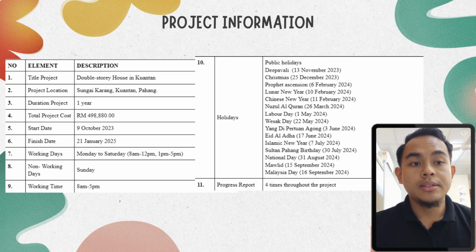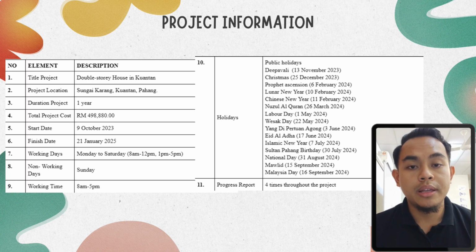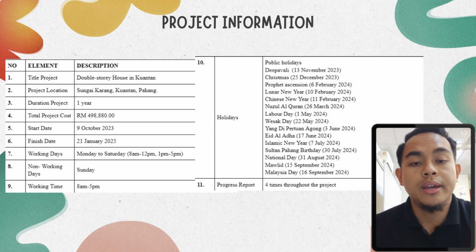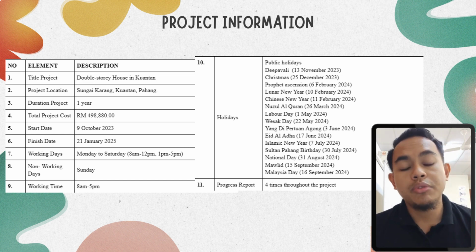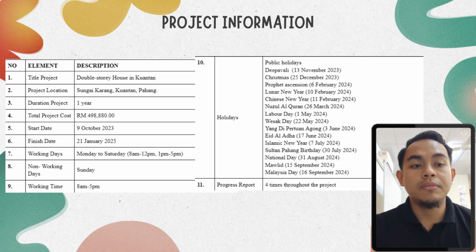The working days are Monday to Saturday, and the off day is Sunday. The working time is 8 a.m. until 5 p.m. and there are around 21 public holidays for the workers in 1 year. For the progress report, we get almost 4 times through the project. So this is all from me for the project information.